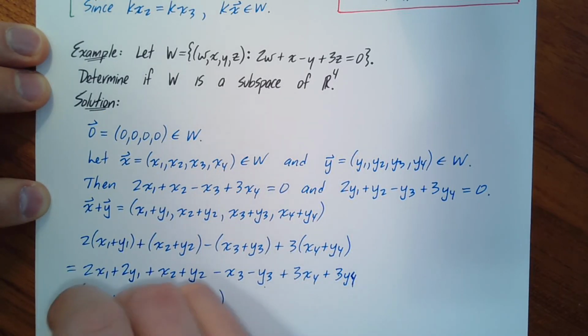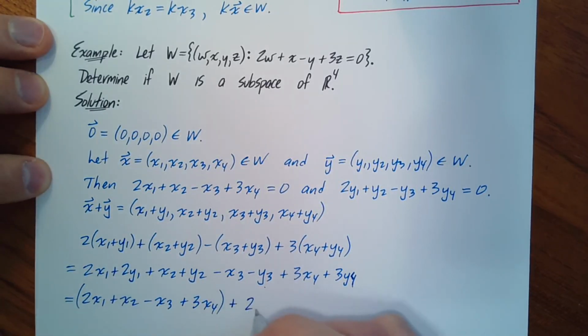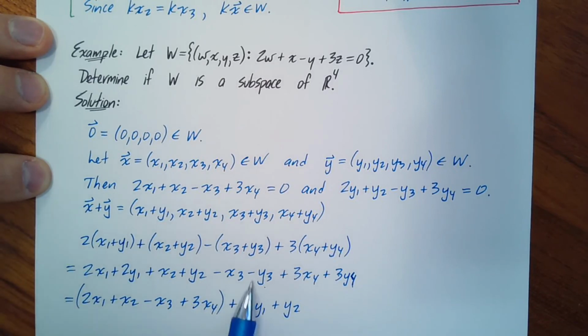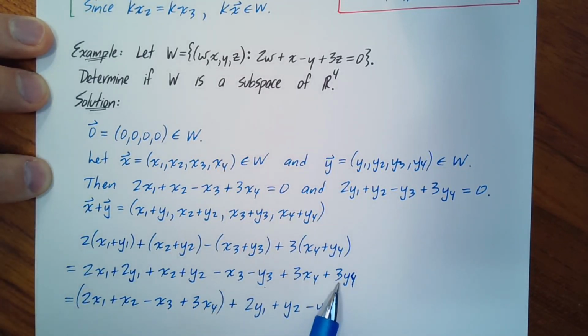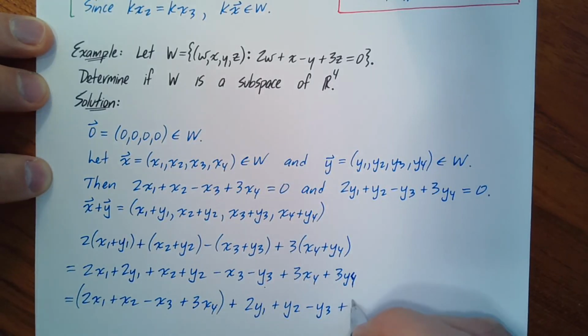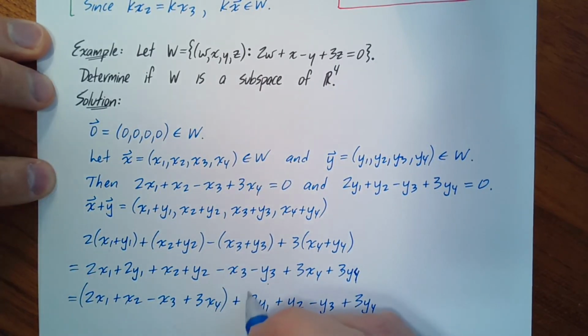So that is all the x terms. And then what about the y terms? We've got 2y1, plus y2, minus y3, and then the last one is plus 3y4. There, that one looks a little bit better than the previous one. Okay, so that's our y terms.